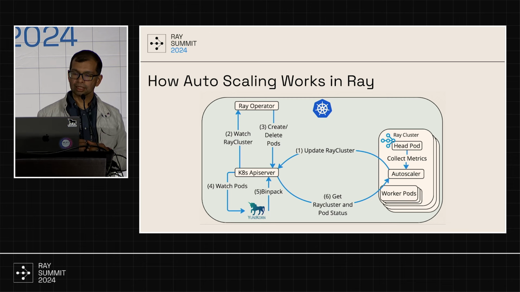And then we use Apache YuniKorn, which watches the modifications that the Ray Autoscaler makes, and then queues up pods and workloads based on the additional needs of the Autoscaler. And then it does the same on the downscaling side and tries to reconcile and bin pack the workloads together.